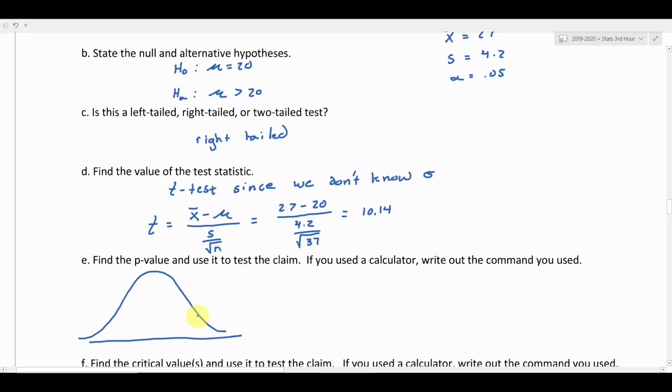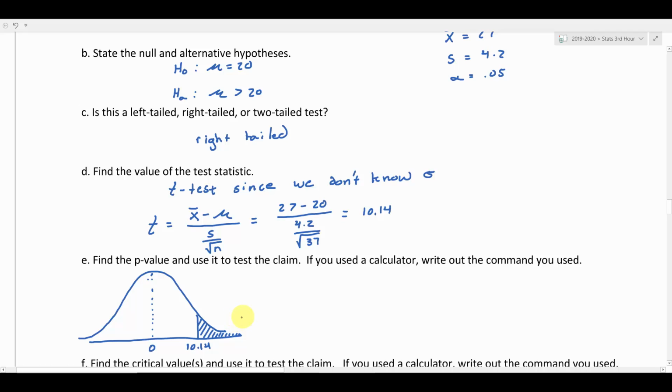And somewhere over here on the right-hand side of our distribution is our 10.14, right? 10.14 standard deviations to the right of what we expected to get, which should be the center of our distribution. In this case, it'll be 0 since it's standardized, right? And we want the area in this tail off to the right. That's what we're trying to find.